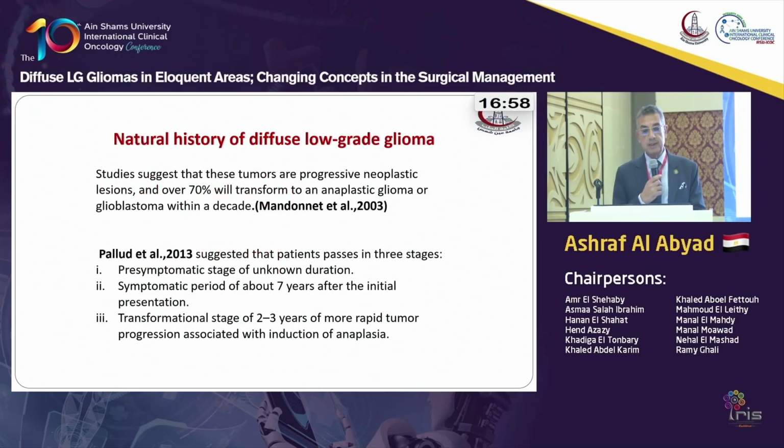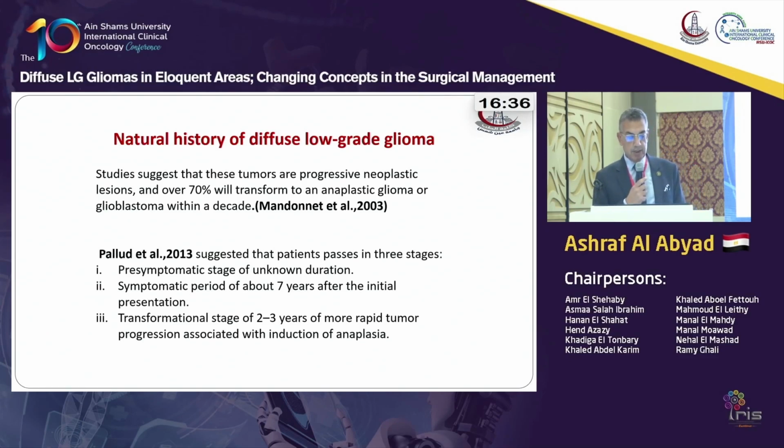Many studies in recent years have been published concerning the natural history and prognosis of these diseases. These studies suggest that these tumors are progressive neoplastic lesions, and over 70% will transform to anaplastic glioma or GBM within a decade.